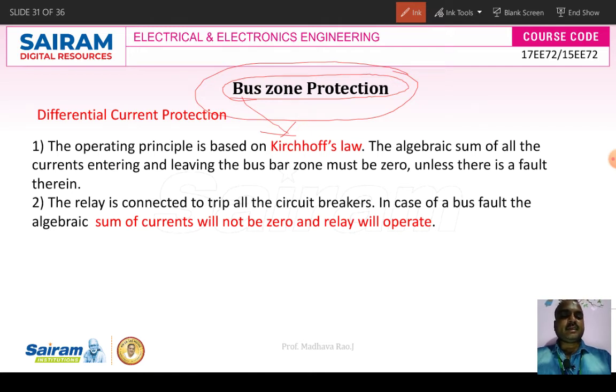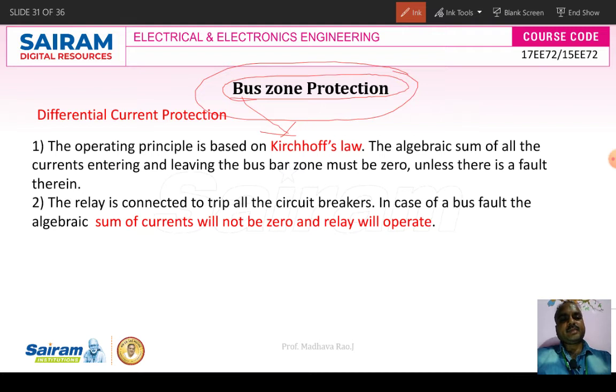So what is Kirchhoff's current law? The algebraic sum of all the currents entering and leaving the bus bar zone must be 0. In transformer protection, we have seen the CTs of the primary side and secondary side, and the current difference should be equal to 0: IB minus IC, IC minus IA, IA minus IB.